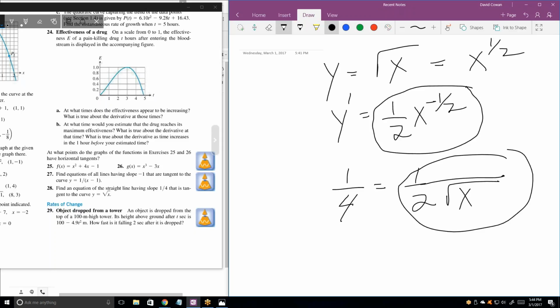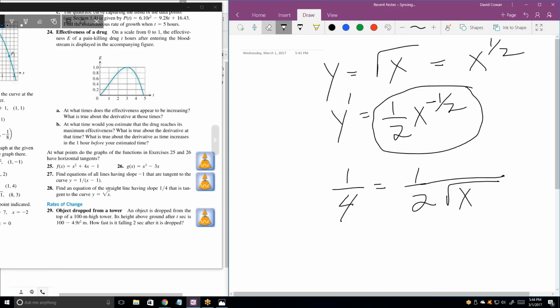Okay. Now, what's my next step for solving for x? Multiply both sides. Yeah, cross multiply basically. Okay. So if I cross multiply, I get 2 square root of x on the left, equals 4 on the right.